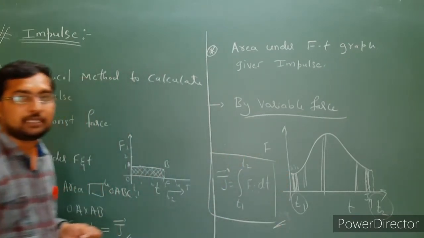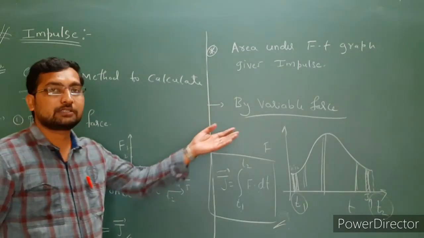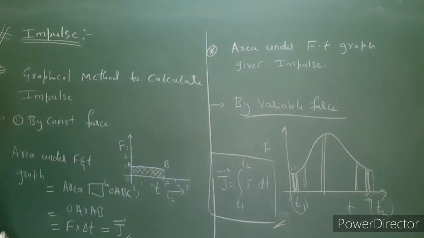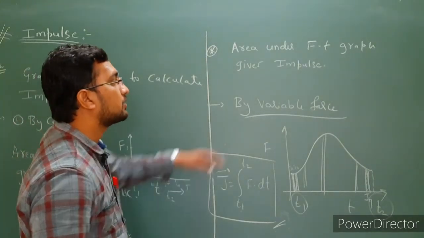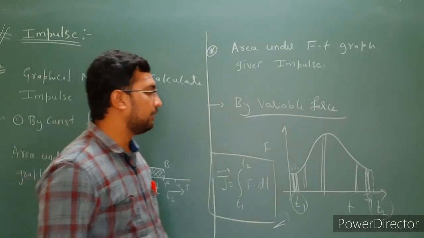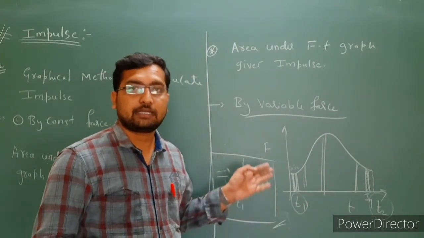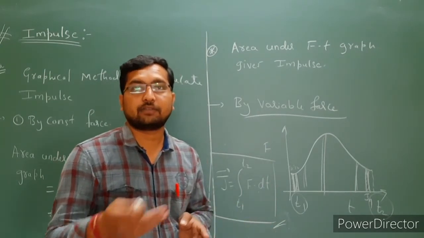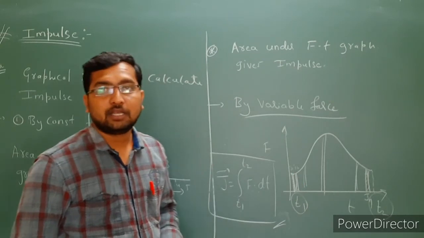Okay. So the graphical method to calculate the impulse has two methods: one is by constant force and one is by variable force. By constant force, the area under the force time graph gives the impulse. Then by variable force, we divide the entire graph into very small segments in such a way that the force acting between these two points is approximately constant.